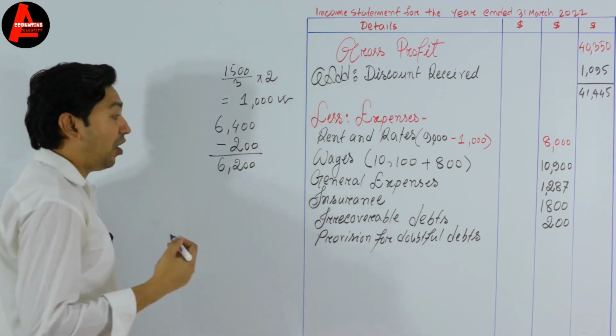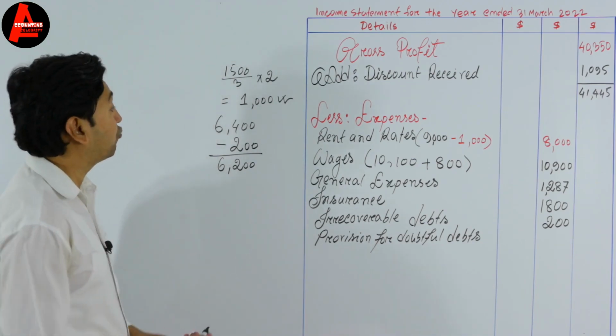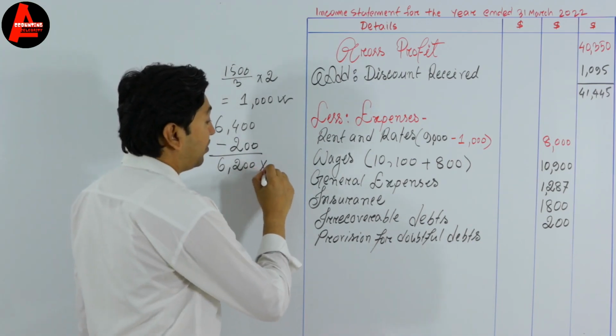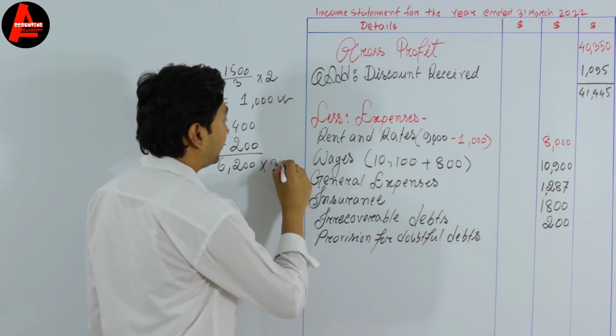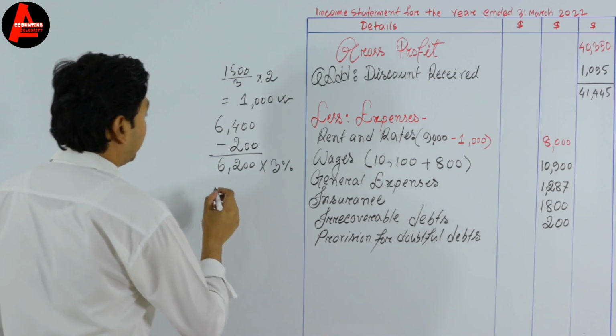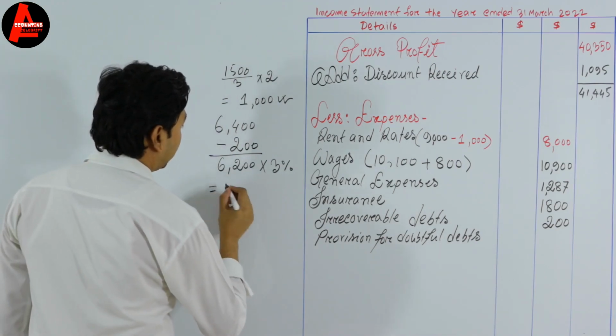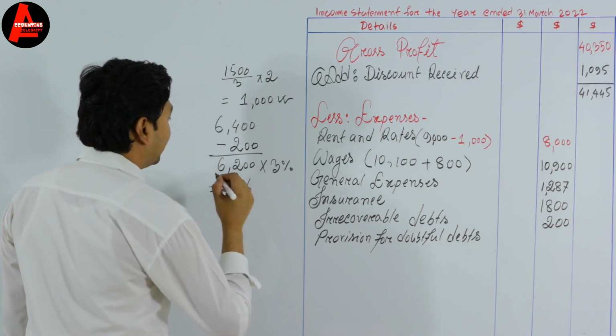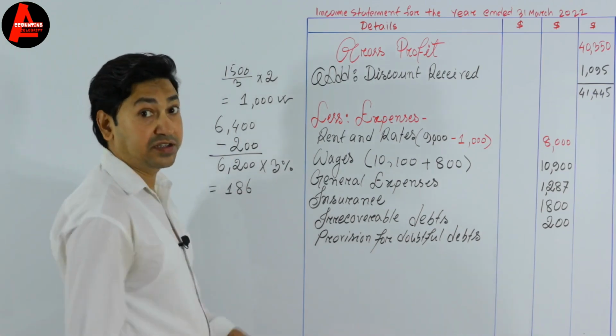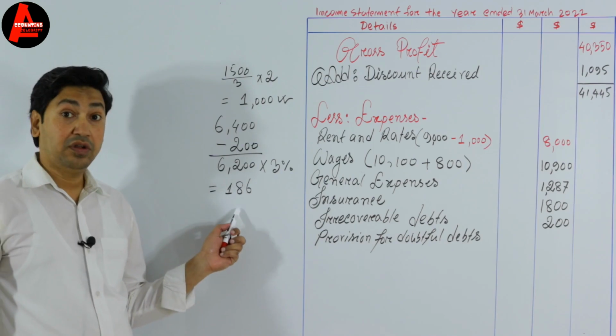Now we will multiply by 3% to calculate the provision for doubtful debts. If we do the calculation, we get $186. This is the provision for doubtful debts.